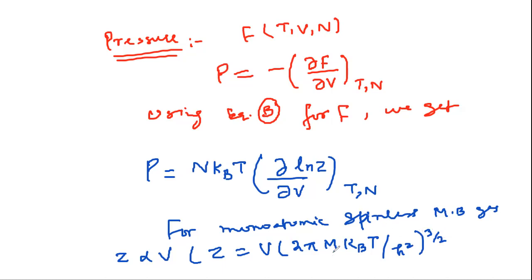So the bracket is constant. Because T is constant in our partial derivative, Z is proportional to V. Therefore, simply this equation reduces to, let me write it, P is equal to N kB. Let me write it neatly.